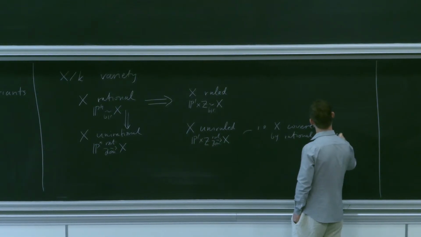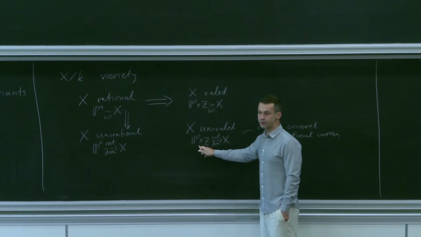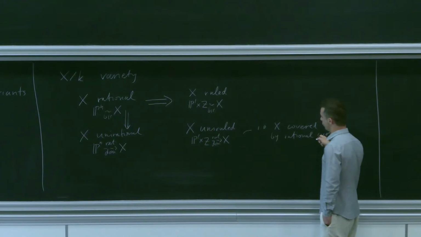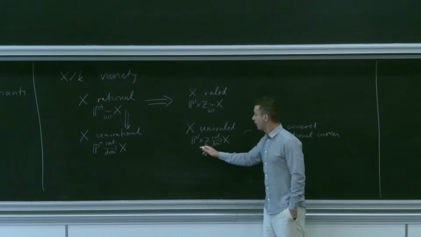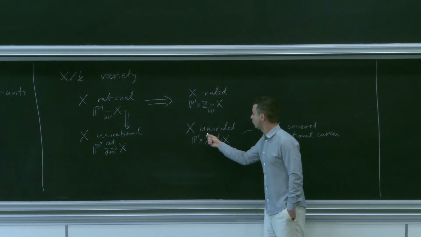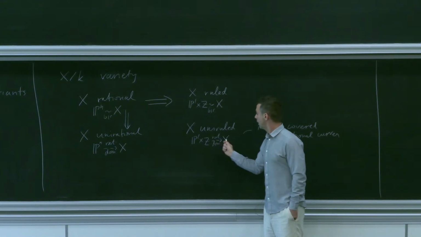If you have such a map, then you're covered by rational curves. And conversely, if you're covered by rational curves, you can write a family of them, and then you can also make this base to be n-1 dimensional.